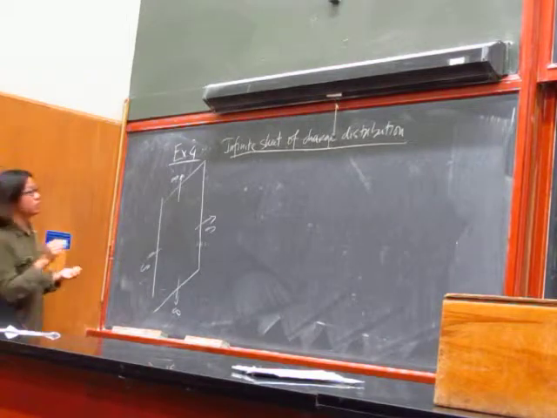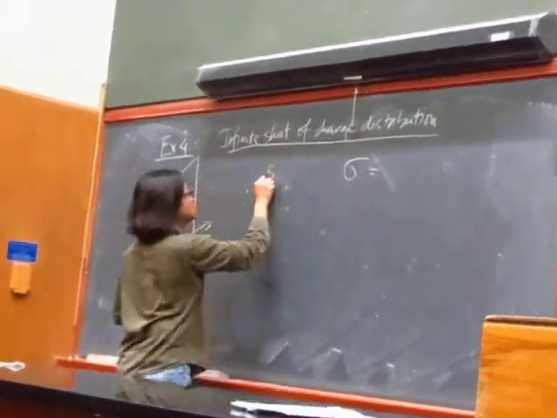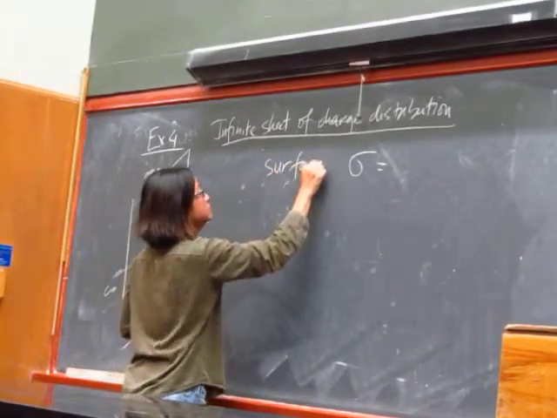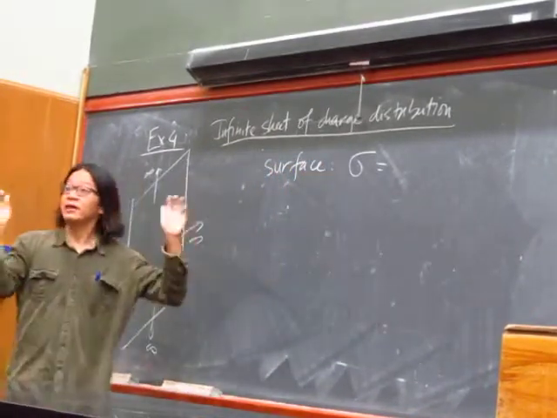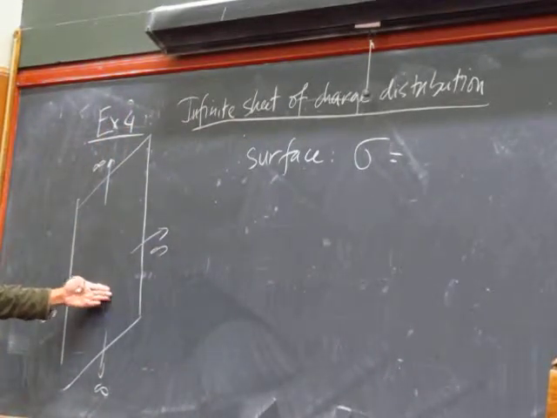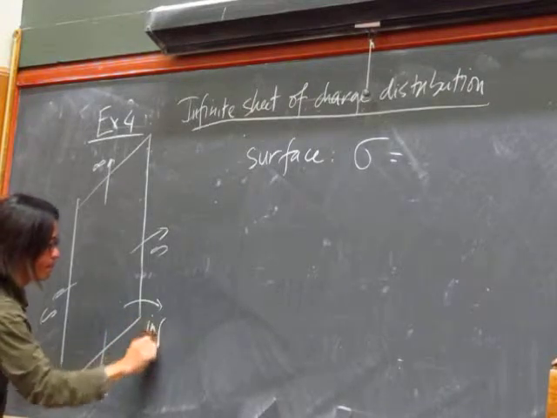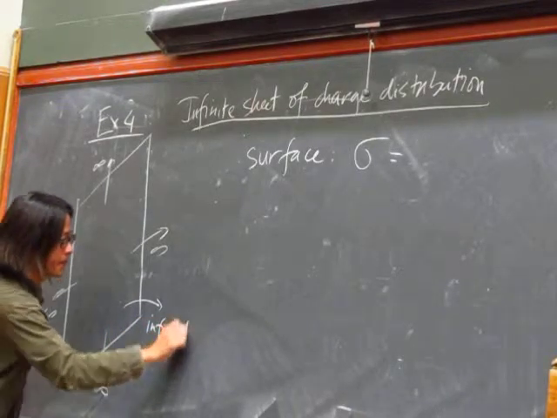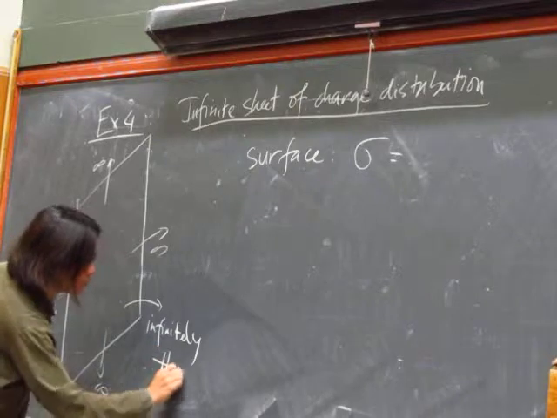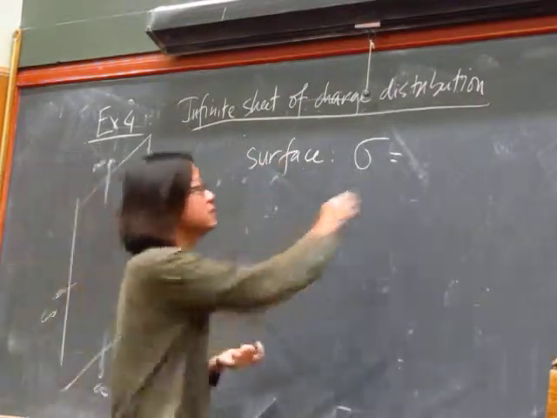Hopefully it looks like a sheet. And it has a charge distribution sigma. It's a surface charge. Again, it's a mathematical representation. This sheet is infinitely thin. So I can define a surface charge density.